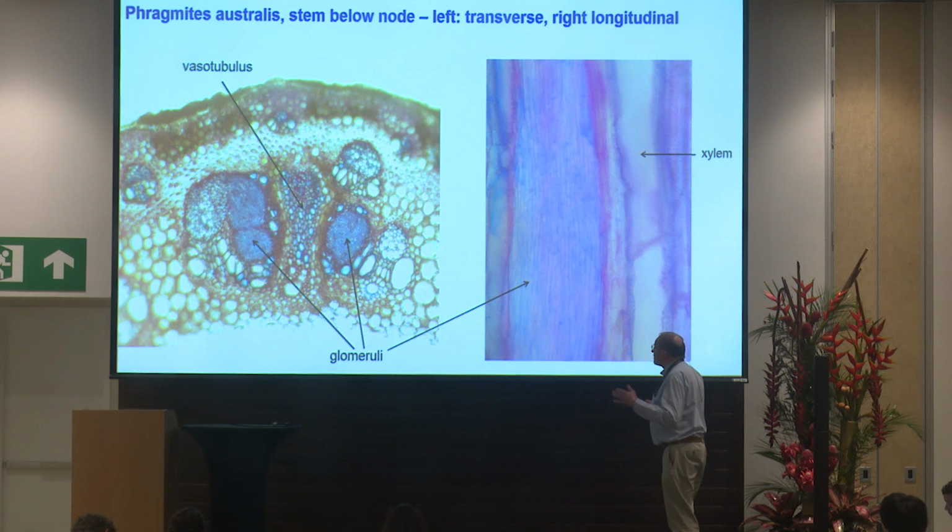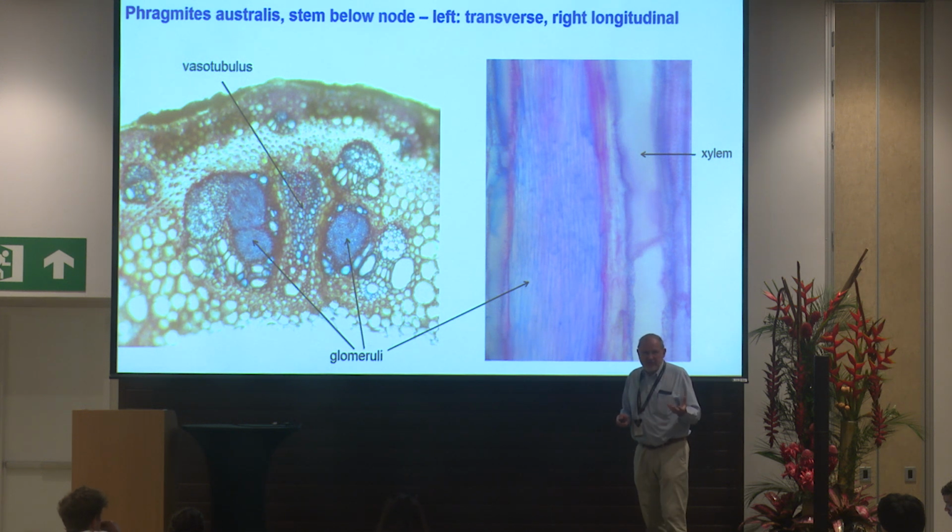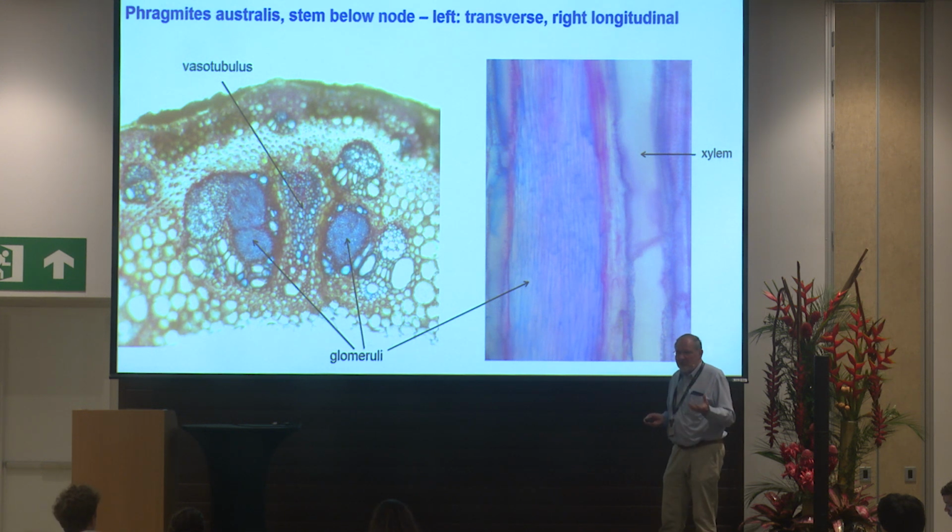And by chance, I found that glomeruli exist also in Phragmites australis. And this is unmodified phloem, and these are glomeruli. So it's some kind of modification of phloem within the node.